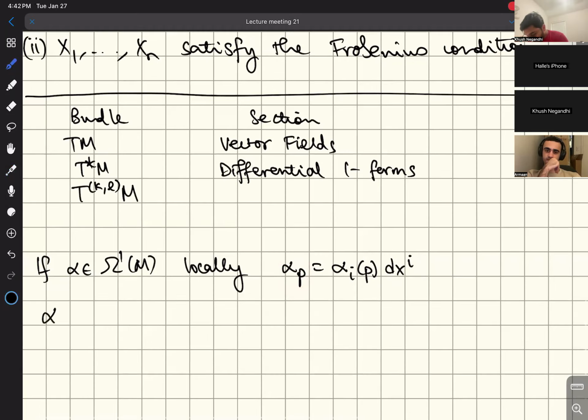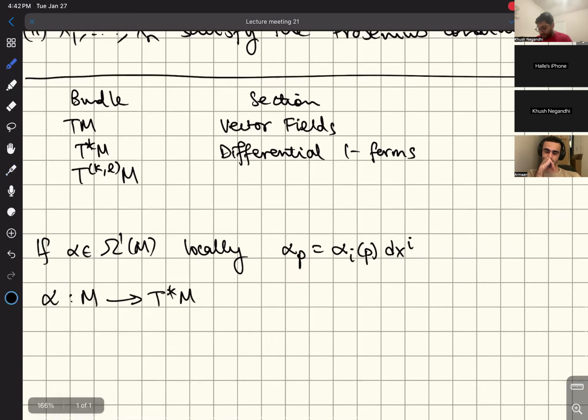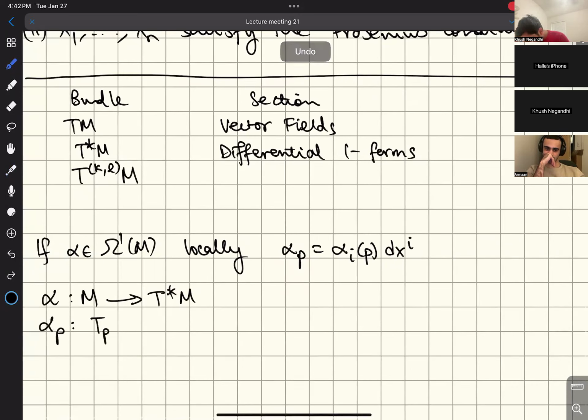So alpha can be thought of as a function from M into T*M. If I evaluate this at a point P, it becomes a function from T_P M into R.